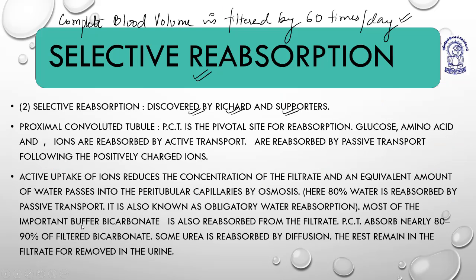The PCT, proximal convoluted tubule, is the pivotal site and the main site for reabsorption of different types of materials, especially the ones which have a high threshold, like glucose and amino acids.